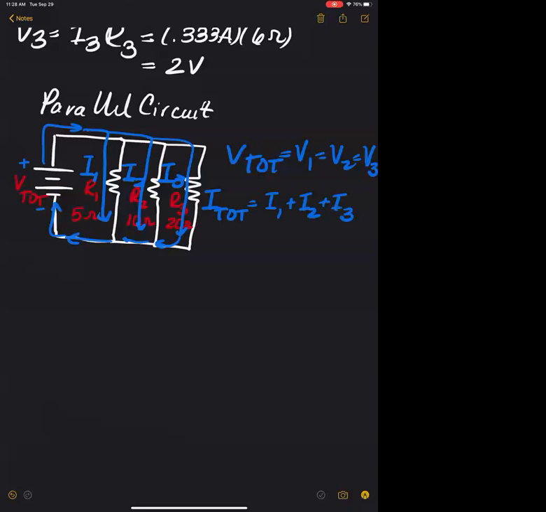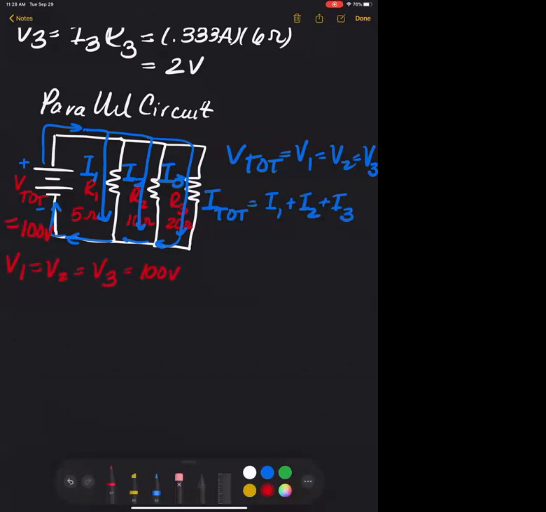Okay? So whatever V total is, we'll say it's, oh, I don't know, let's say it's 100 volts this time, okay? So what that means is if V total is 100 volts, that means V1 equals V2 equals V3. They're all 100 volts.